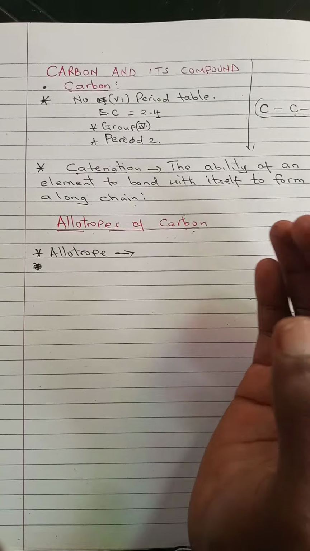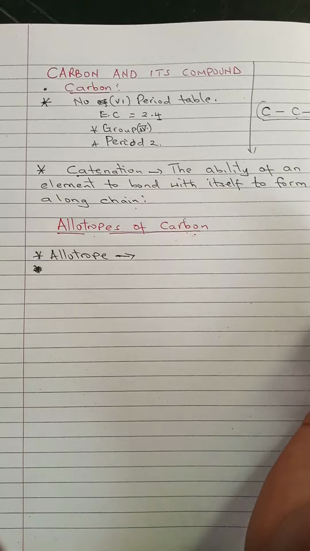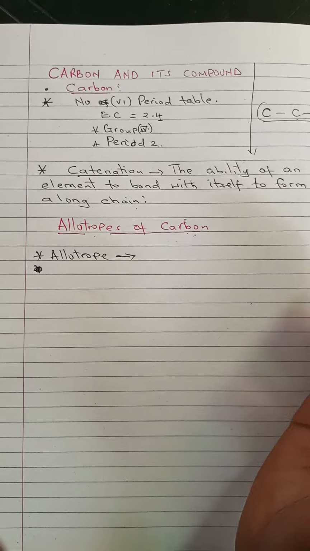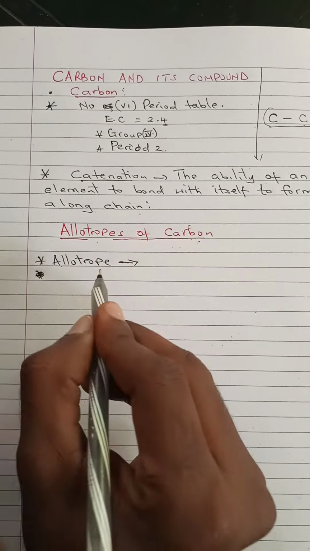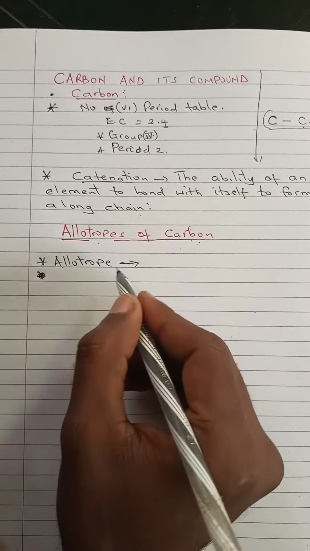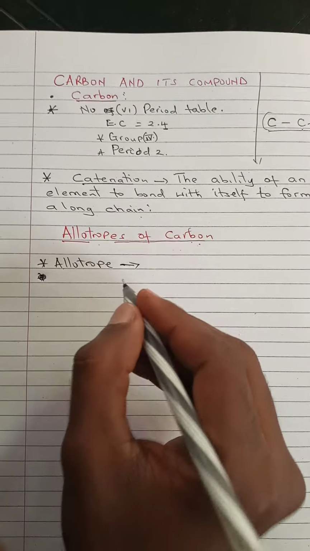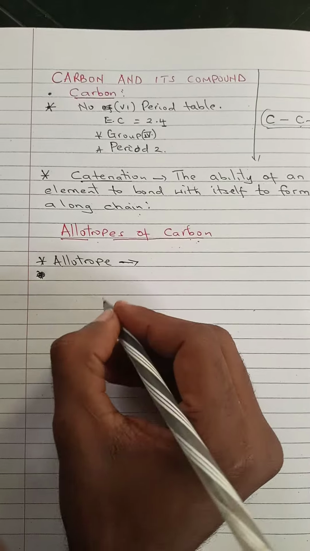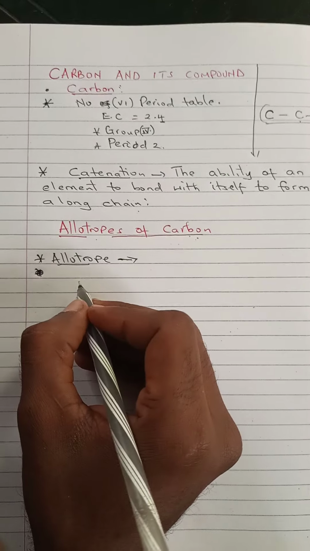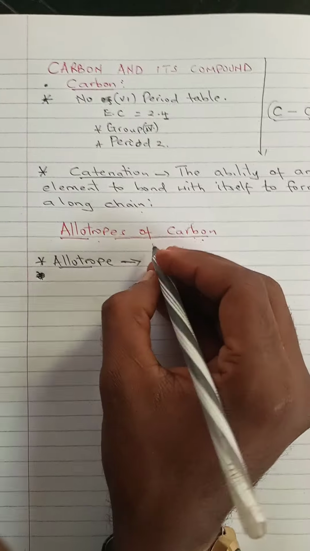Now, to differentiate allotropes from non-allotropic materials or compounds, we are going to use a keyword. There's a keyword that needs to be found within the definition of the word allotrope. And I want us now to define this word.